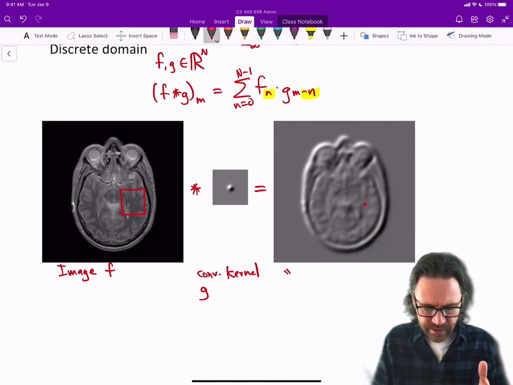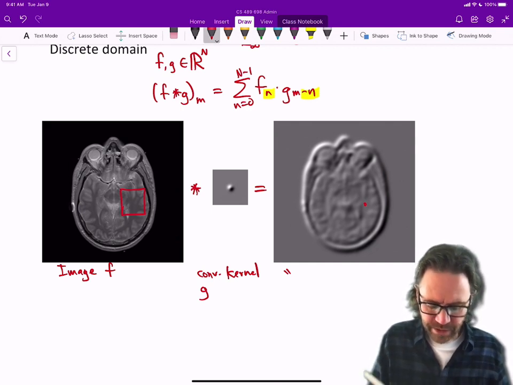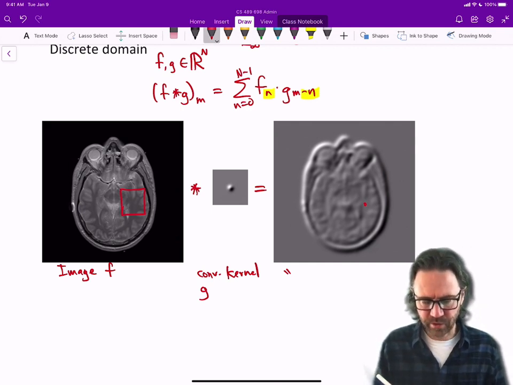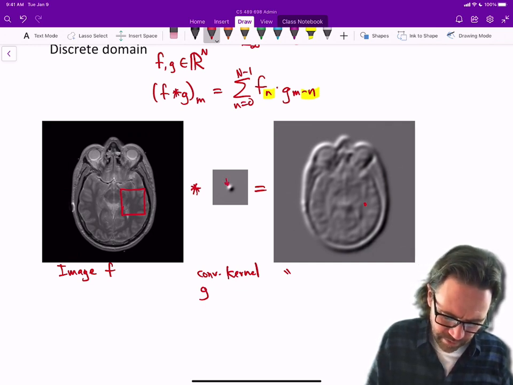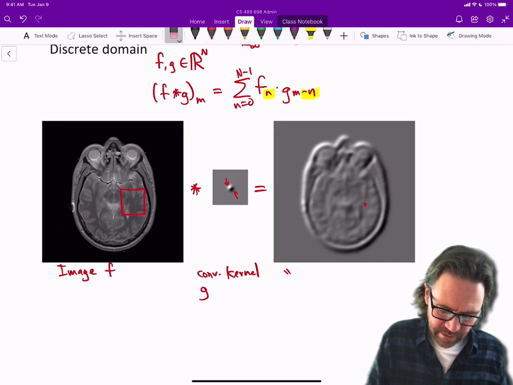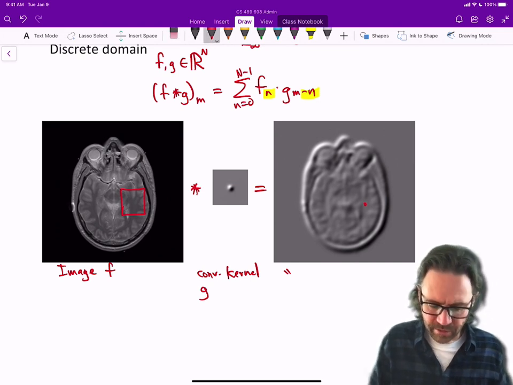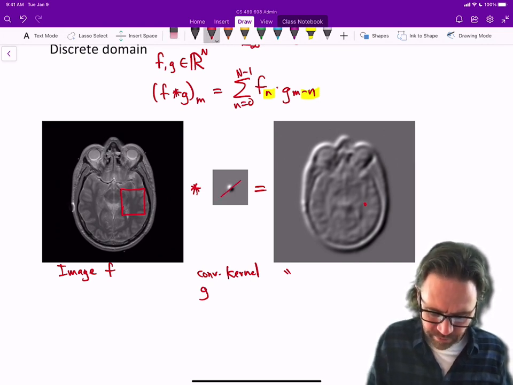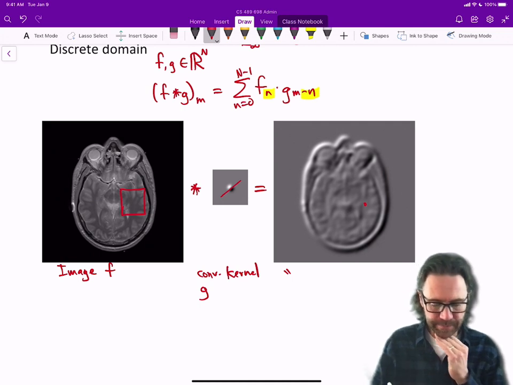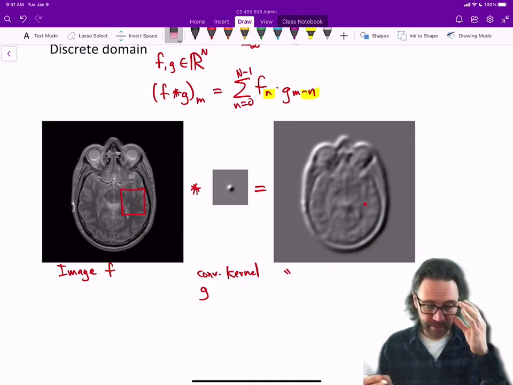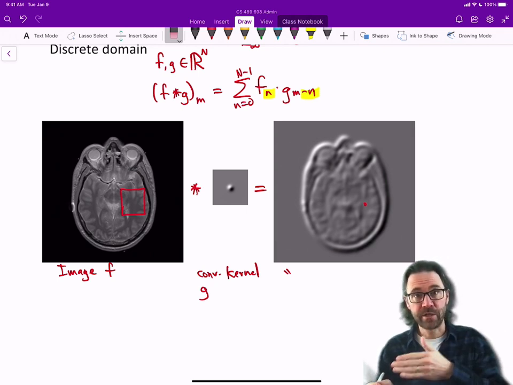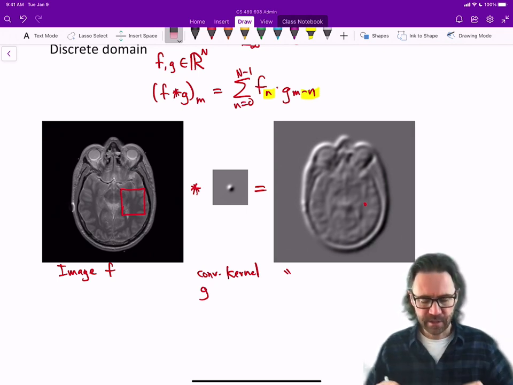So in this case, this particular convolution kernel has got a bright spot on one side over here and then a dark spot on the other side. So it's actually looking for edges that are oriented at 45 degrees. And it will respond either positively or negatively, depending on whether it's going from bright to dark or dark to bright.